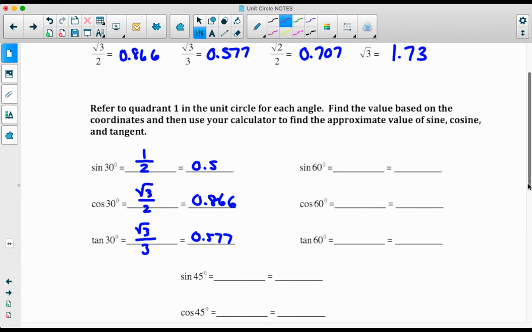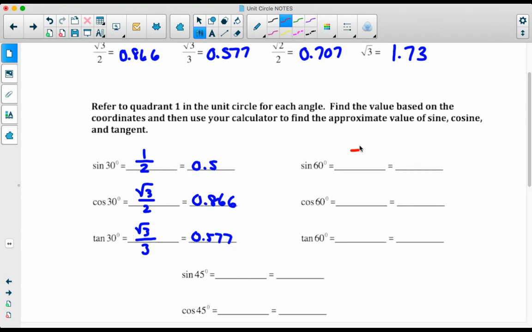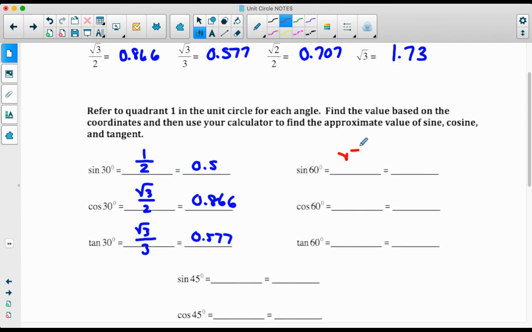For your 60-degree angle, if you look at the 60-degree reference angle in quadrant 1, you will see that the sine is equivalent to the square root of 3 over 2, which has a decimal value of 0.866. For a cosine of 60, it is equivalent to 1/2, which is 0.5. And to finish this up, tangent becomes radical 3, which is 1.73.